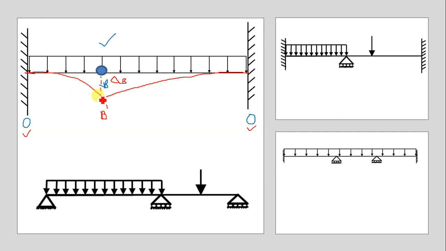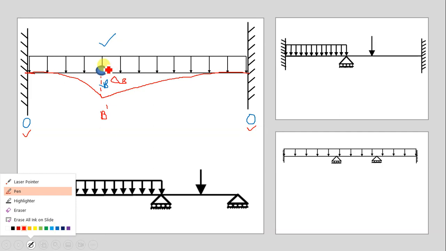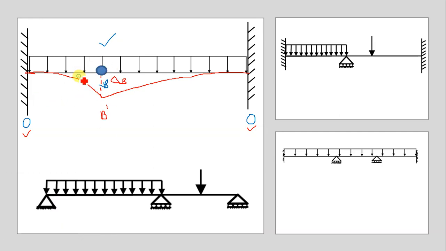So one displacement is there, and if you draw tangents to the elastic curve, here this is theta 1 and here this is theta 2. So at the internal hinge there are 3 unknown joint displacements, 2 rotations and 1 translation. So the degree of kinematic indeterminacy for this beam is equal to 3.